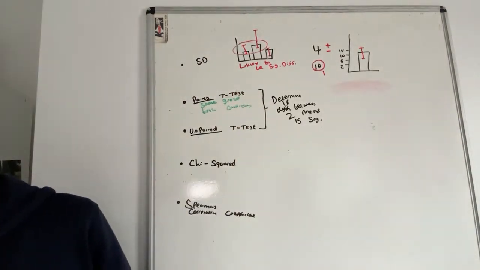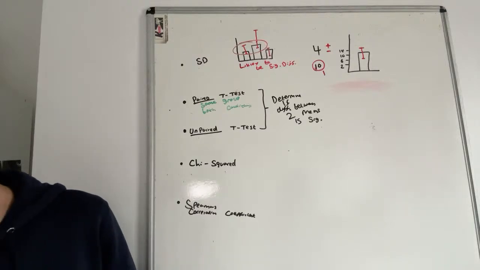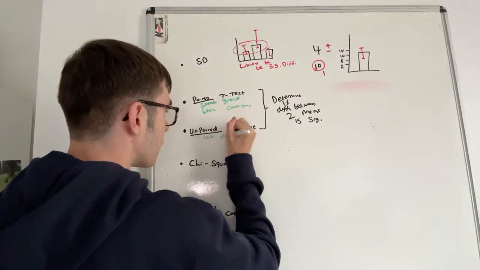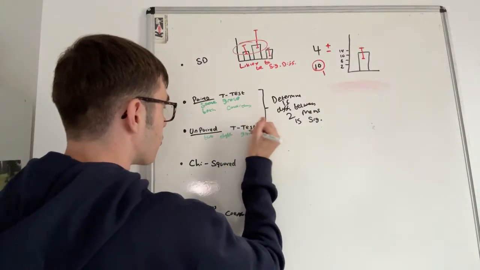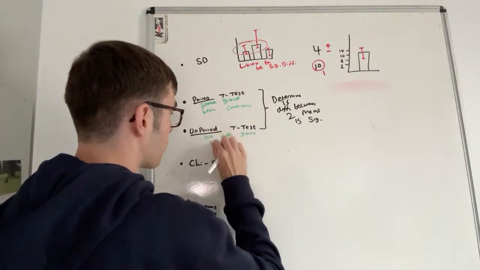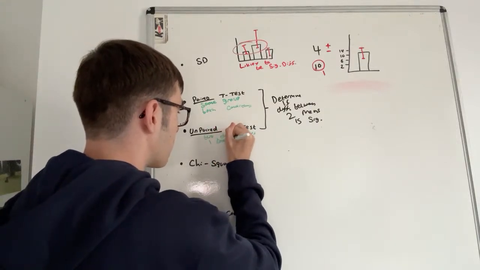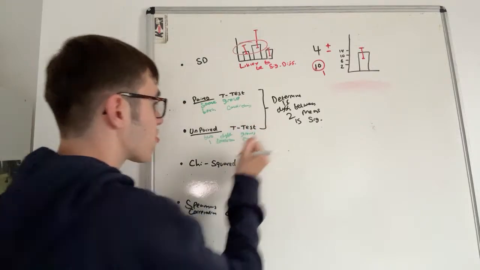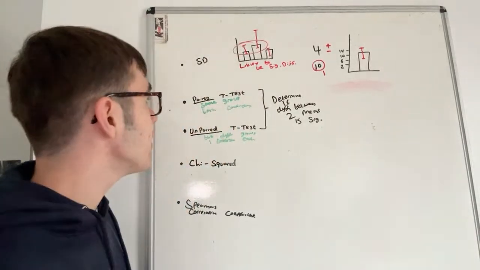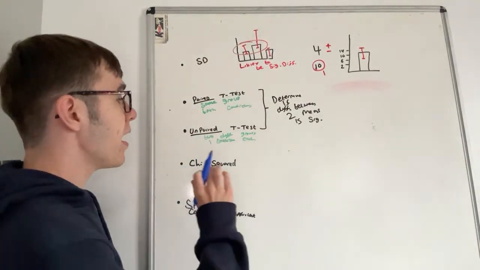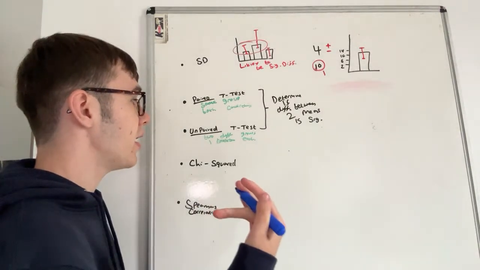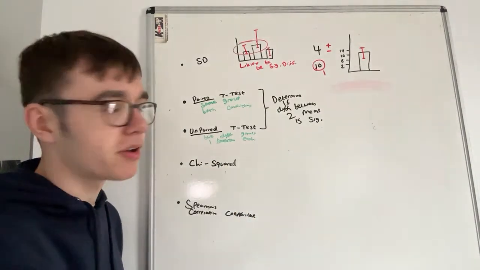Meanwhile, an unpaired is if it's 2 different groups doing, I guess, one condition each. So let me try and word this as best I can. Paired is same group, both conditions. Unpaired is different groups, different conditions.